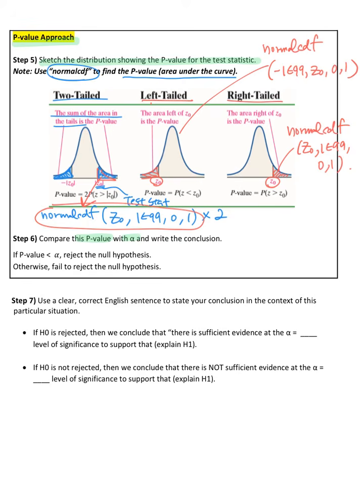Okay, now step 6, you're going to compare the p-value with alpha, and write the conclusion. If the p-value is less than alpha, then you reject the null hypothesis. Otherwise, you fail to reject the null hypothesis. Again, a p-value is the probability of getting the value of your sample statistic, or even more extreme.